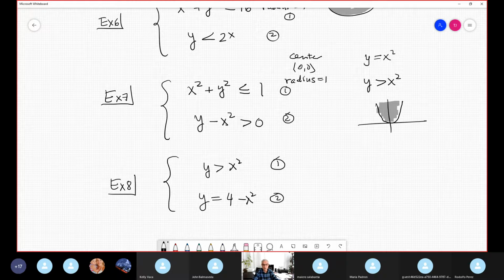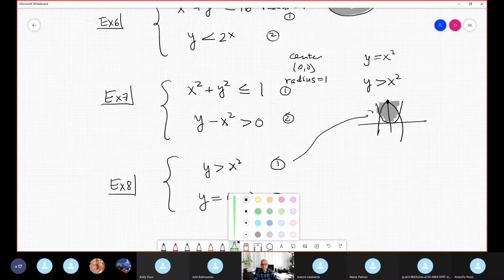This is different because it's a parabola that opens down, because x squared is negative and the y-intercept is 4. So I suppose the solution is that part. Okay, but just in case we check in Desmos.